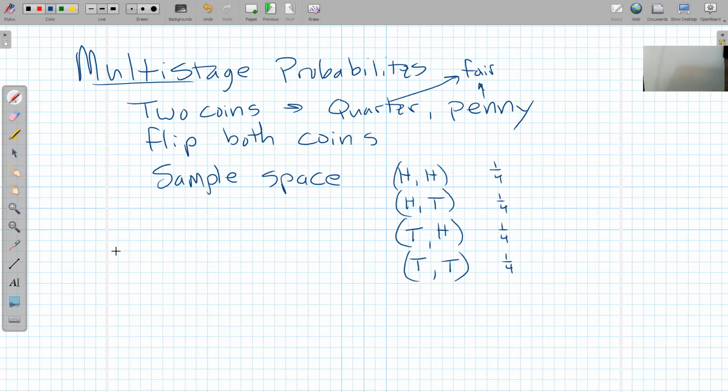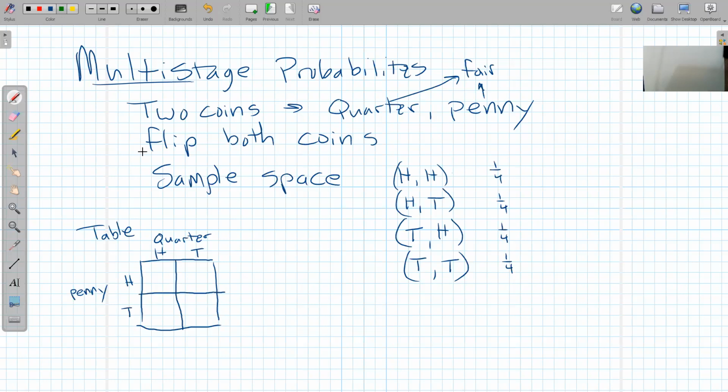We can illustrate this in a lot of different ways, and a couple of those are, aside from making the list the way I did there, to make a table to approach this. And so let's say I write information about my quarter in columns and the penny in rows. And the quarter could have a head or a tail, and the penny could have a head or a tail.